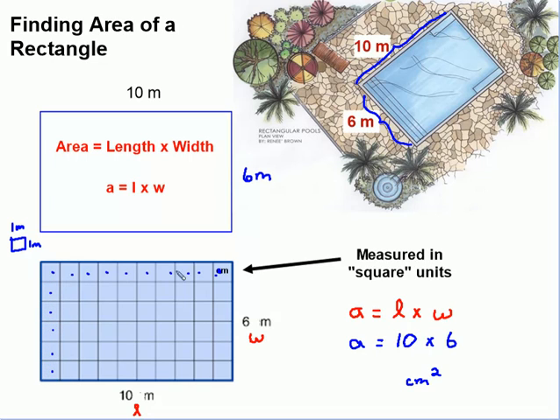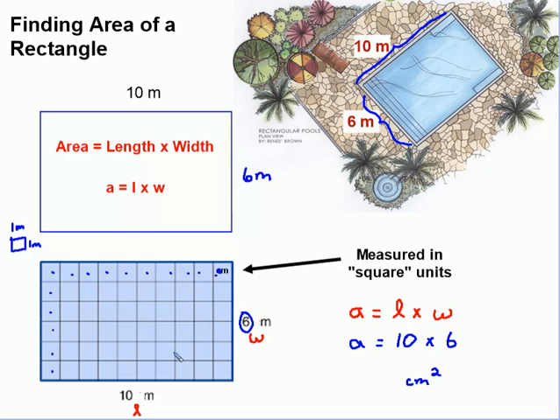And then if we were to multiply those, we'd get the total number of unit cubes. So it would be 60. We'd have 10 here, and then 10 here, and we'd have 10 6 times, which gives us 60 of the meter cubes. And that's exactly what we get when we multiply the length times the width.